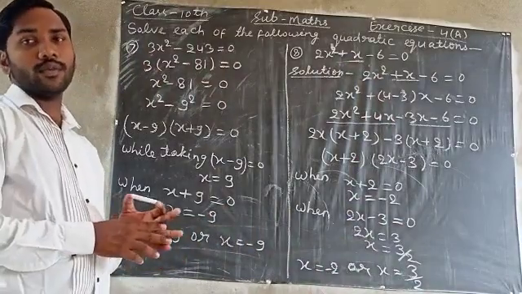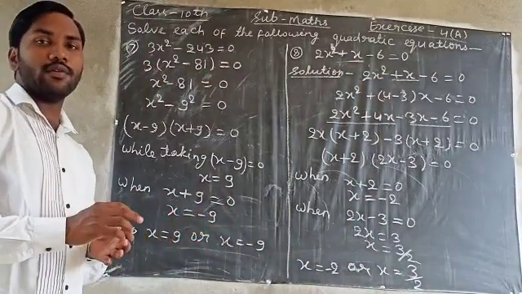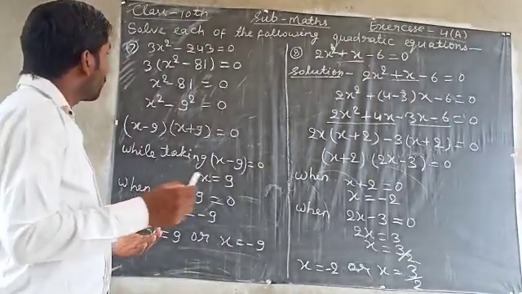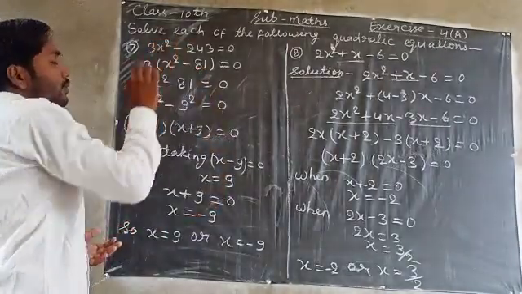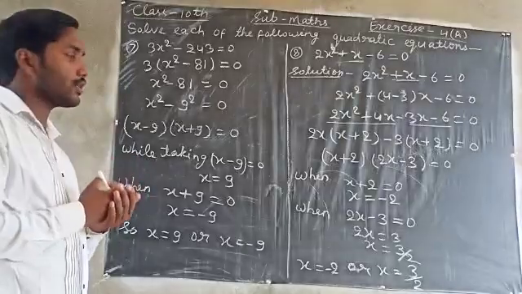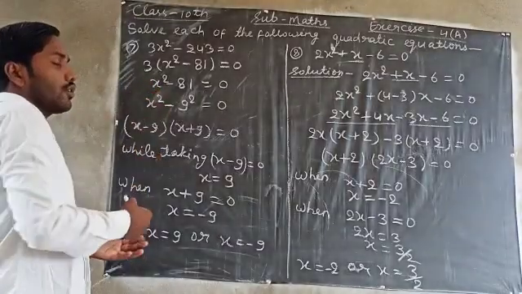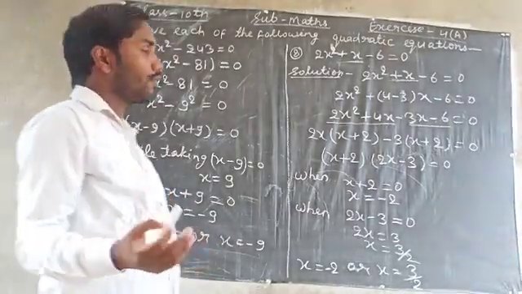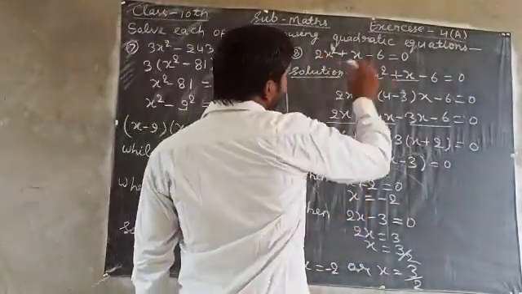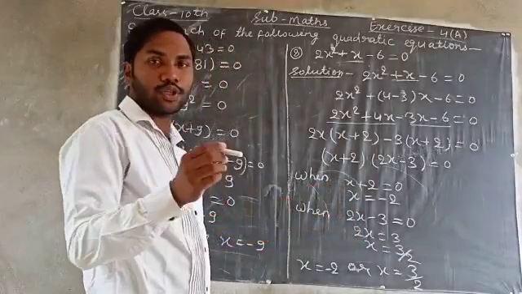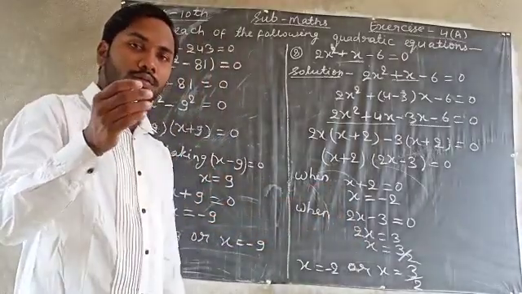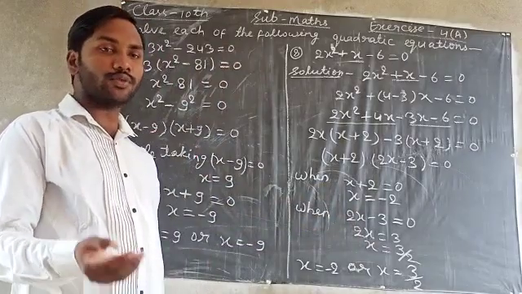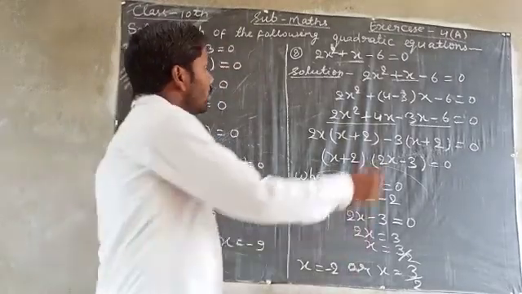If any quadratic equation has terms in the form of a square, you can convert it using the formula and you will get the value of x. And if it is of this type, you will have to split the x portion into such parts that the sum should be equal to b.